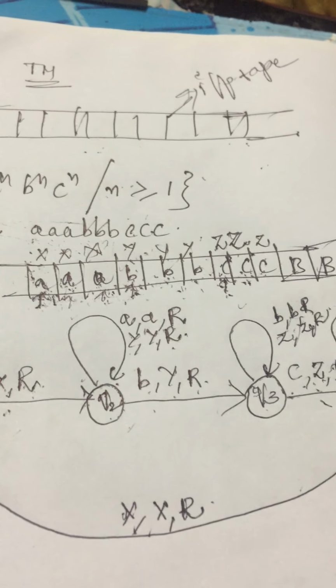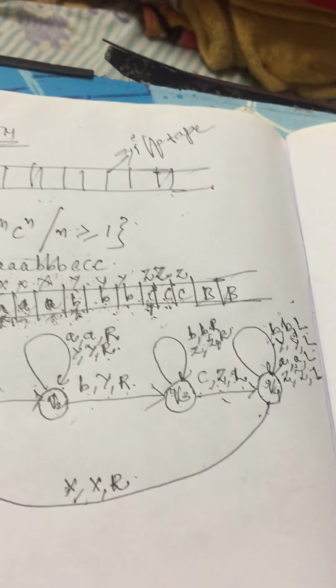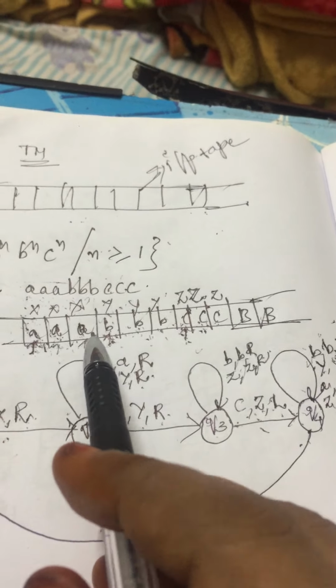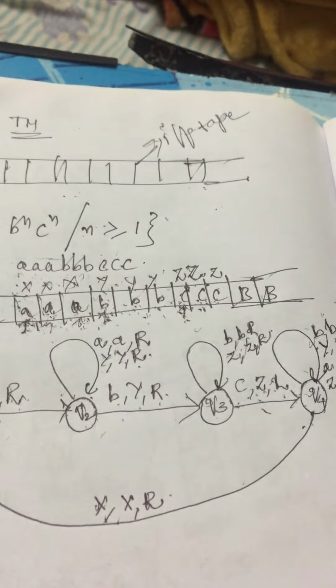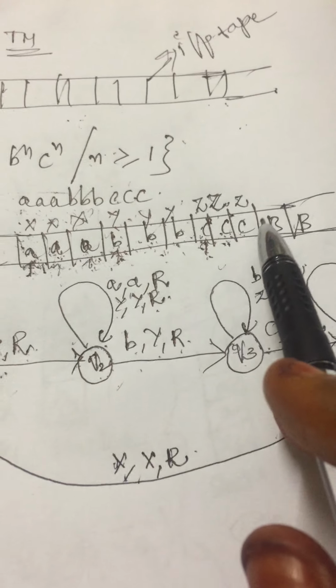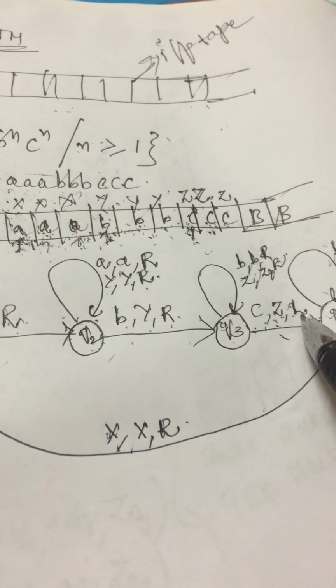But the finite control still moves back. That means it still moves to the left direction in order to check whether there are any A's present to be converted. So after converting this third C to Z, it moves to the left direction.